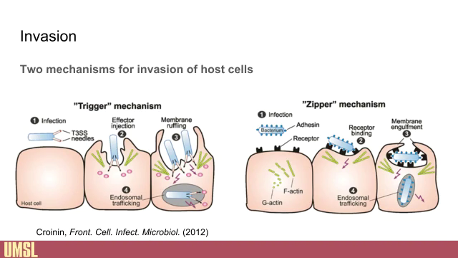Being able to basically ruffle your membrane and take something up is the result of localized actin polymerization. Pathogens like Salmonella use specialized secretion systems, like we talked about a couple lectures ago, to deliver their effector proteins from their cytoplasm directly into the host cytoplasm, which initiates this host response of membrane ruffling and forming an endosome, which is again something enterocytes do not normally do.